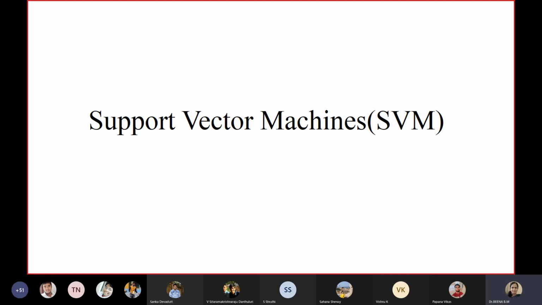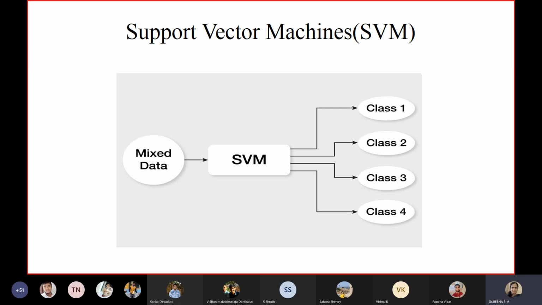Support vector machine is a machine learning algorithm which basically works on smaller data sets. It doesn't perform well on larger data sets. It is a technique used for classification and regression.